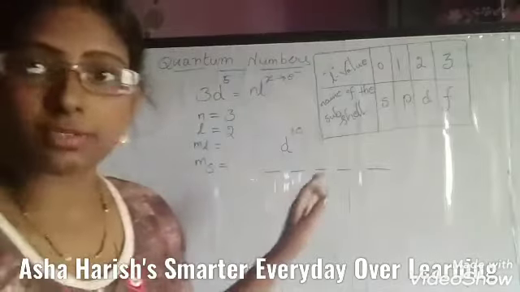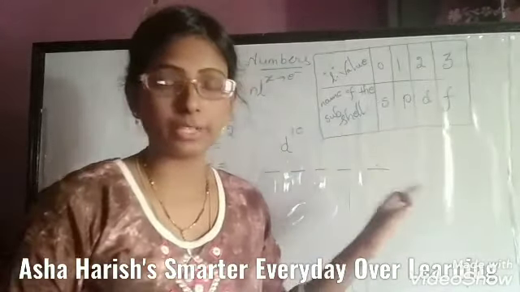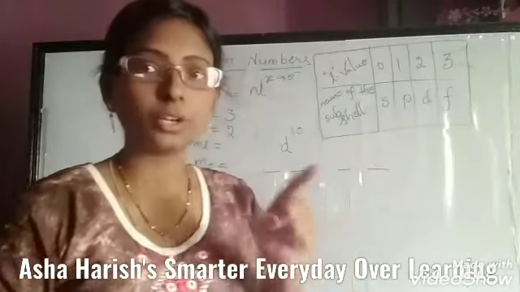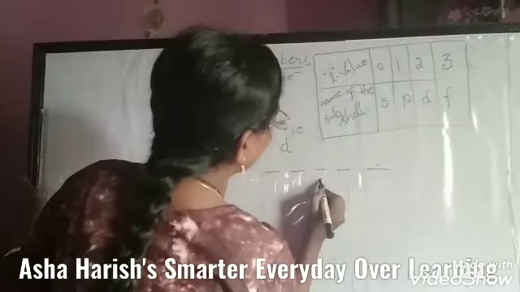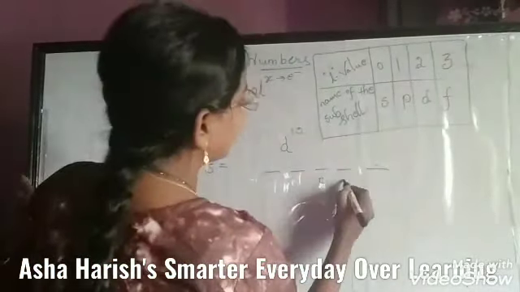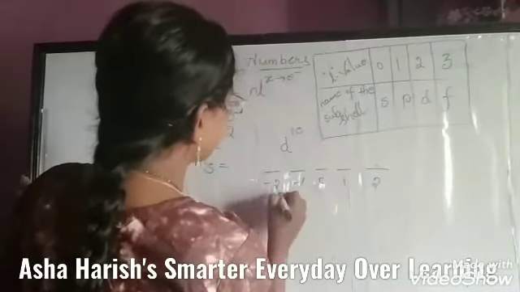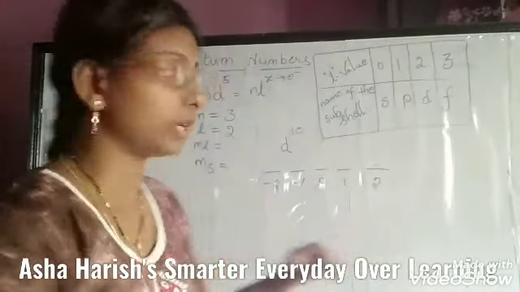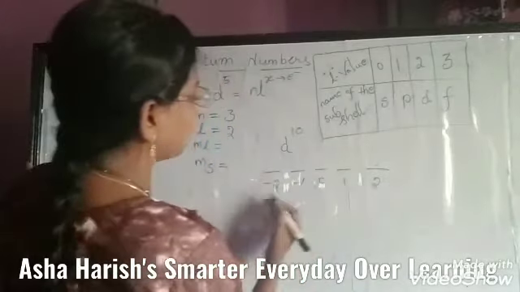Because if 10 electrons are present in the d subshell, totally 5 orbitals must be there for the occupying of the electrons. So if you take the middle one 0, and here all the positive integers and negative integers, LHS and RHS, like this: 0, 1, 2 and -1, -2.